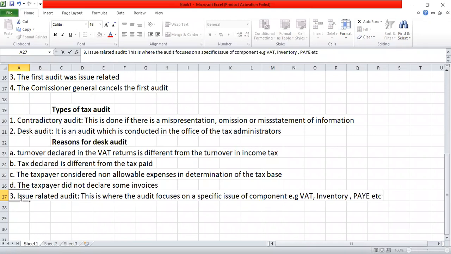You don't do a comprehensive audit, you only focus on the specific issue.